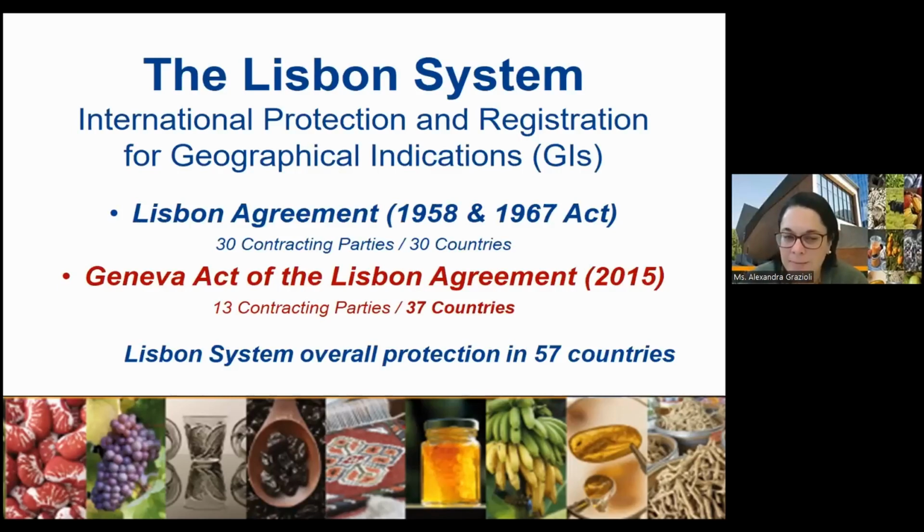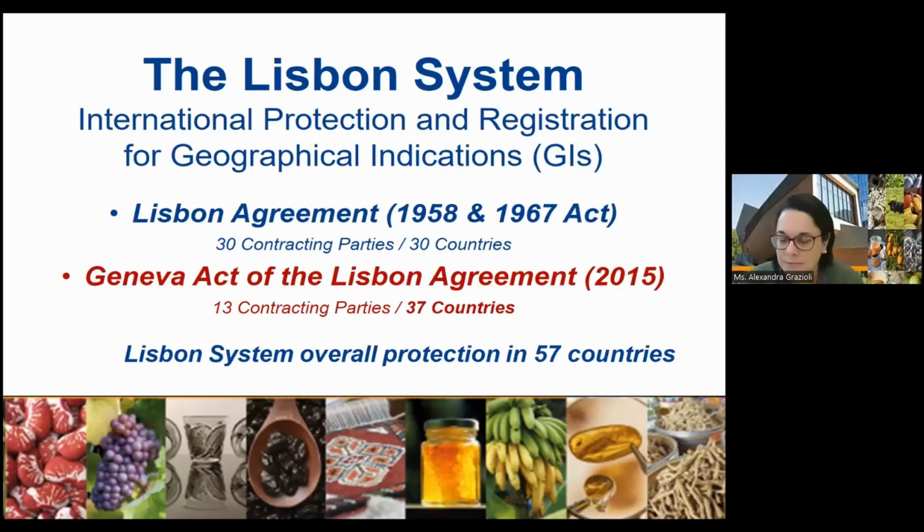The Lisbon Agreement, which founded the system, was negotiated in 1958, revised in 1967, and currently covers 30 countries. But around 2010, the members of the Lisbon system decided to modernize the system to take into account international developments in the protection of geographical indications, and so revised the treaty.